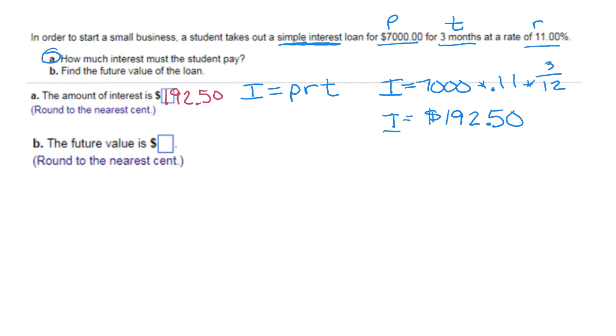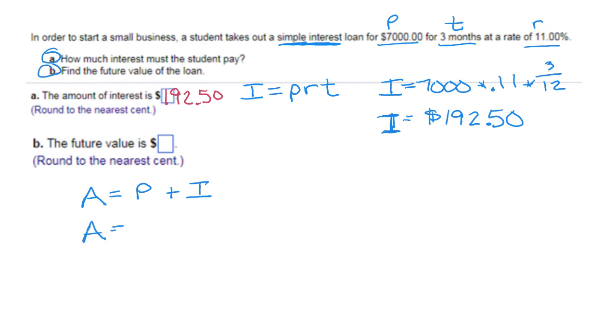Part B is asking you to find the future value. So if you remember, if you have your interest amount, your I, and you also have your principal amount, you can use an easier formula, which is future value is equal to the original principal plus the interest amount.